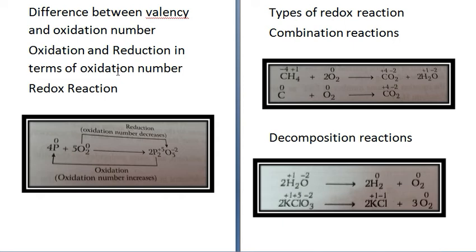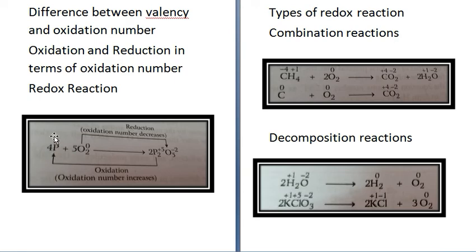Reducing agent is a reagent which lowers or decreases the oxidation number of an element in a given substance, atom, ion or molecule, and it can readily lose electrons to other substances. Okay, so this is oxidation and reduction in terms of oxidation number.